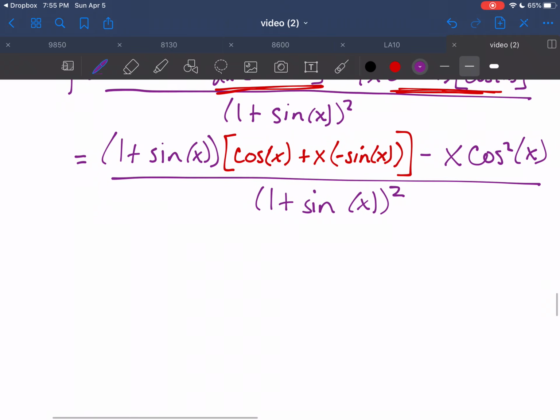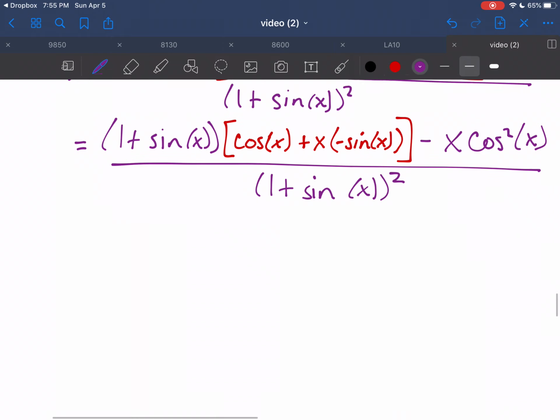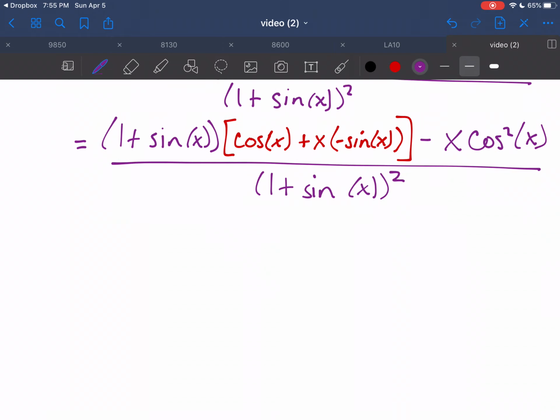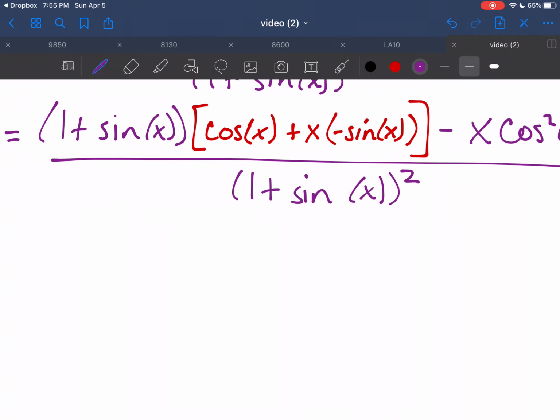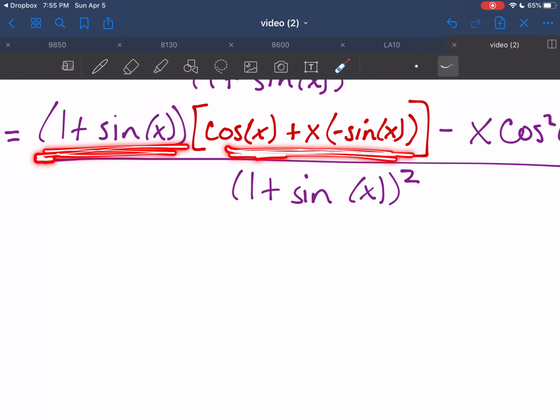Okay. All right, so then we can distribute this 1 plus sine times cosine plus x times this negative sine x.